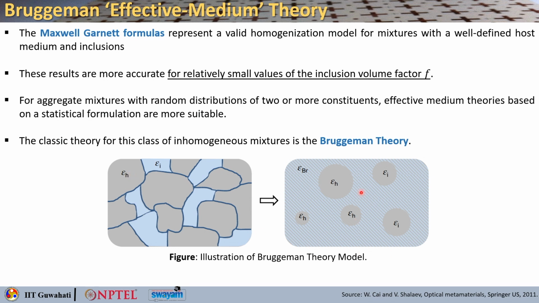Okay. So, on the right here you can see this is the Bruggeman theory model of this structure. So, it has a background medium of effective permittivity epsilon Br that is hosting very small spheres whose dielectric constant is epsilon I with probability f, or they can be epsilon h with probability 1 minus f.